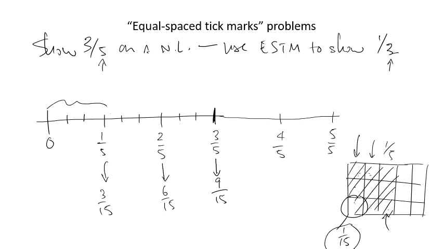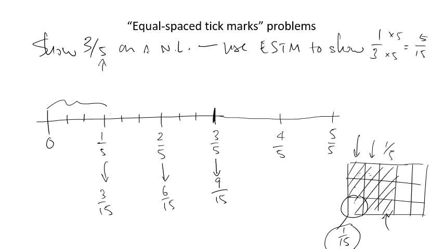And so now we just need to figure out where 1/3 is. So 1/3 would be how many 15ths? So let's do it this way instead. We'll do 1/3, and now we're going to multiply by 5, and get 5/15.